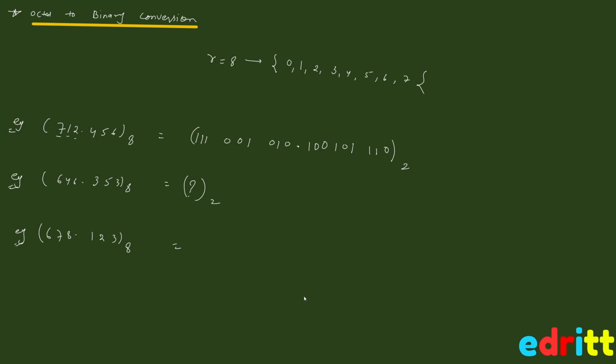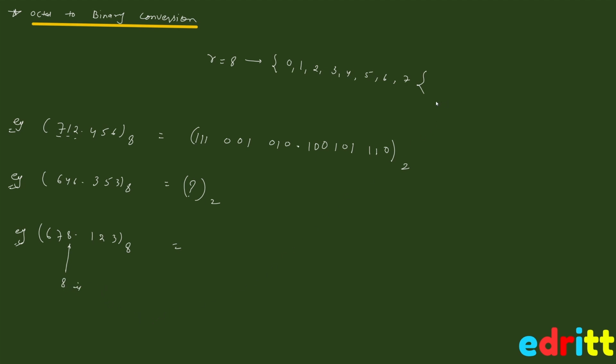I would like you to pause the video and try to solve this question. So first of all, before approaching the solution of the problem statement, it is important to understand whether the problem statement is correct or not. The problem statement says that this number is an octal number, but don't you think it has an illegal symbol? Isn't 8 an illegal symbol?